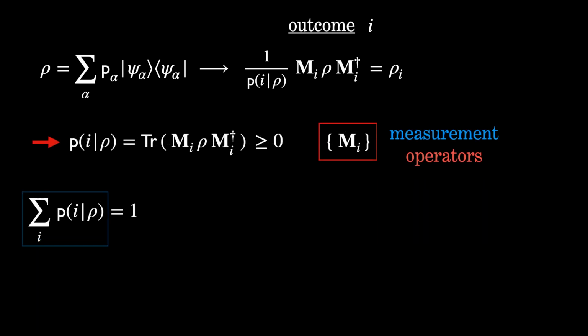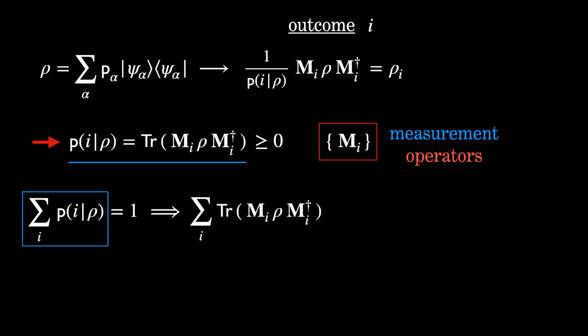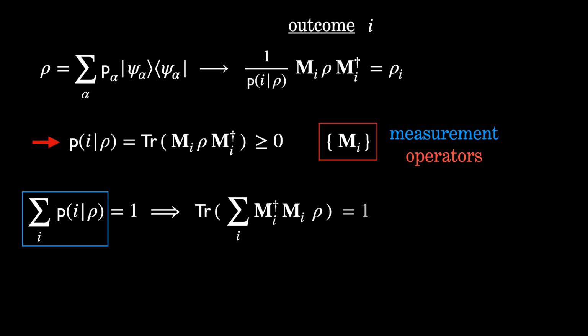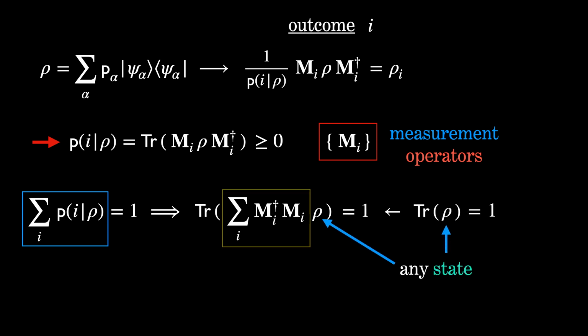Using the definition from the probabilities, their sum is given by, where we can use the cyclic property of the trace. For this to be equal to 1 for any state rho, this sum of M dagger M must necessarily be equal to the identity operator.